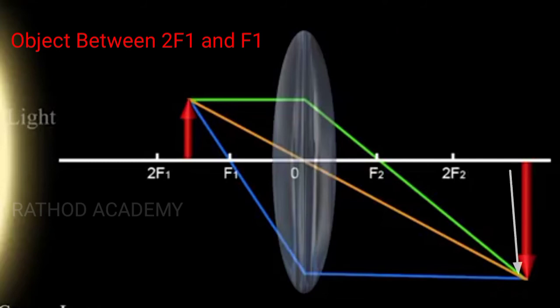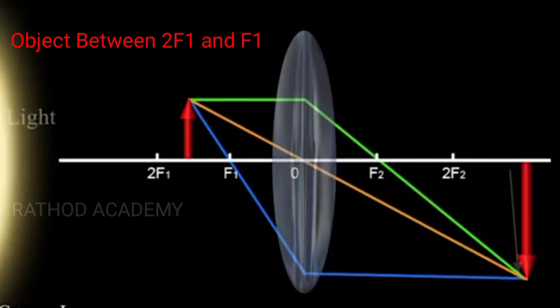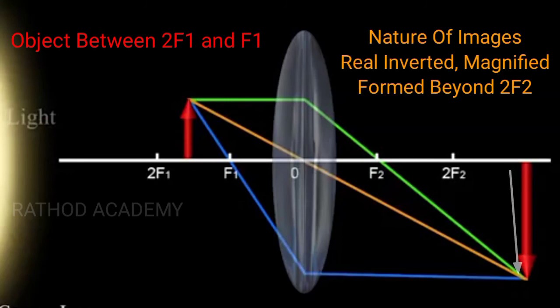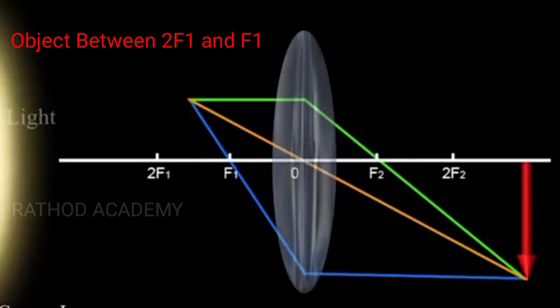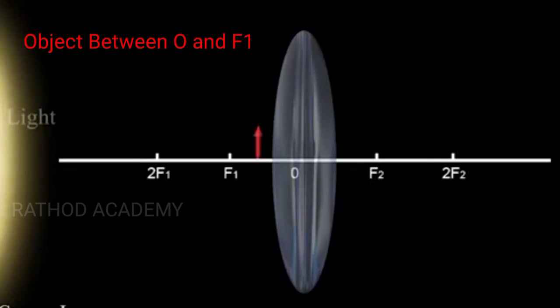The nature is it is real, inverted, magnified, and formed beyond 2f2 and in between infinity. So this was the nature of the image. And as I told, as we are pushing the object ahead, the image is also pushed ahead. If we pull back the object, the image will be pulled back.